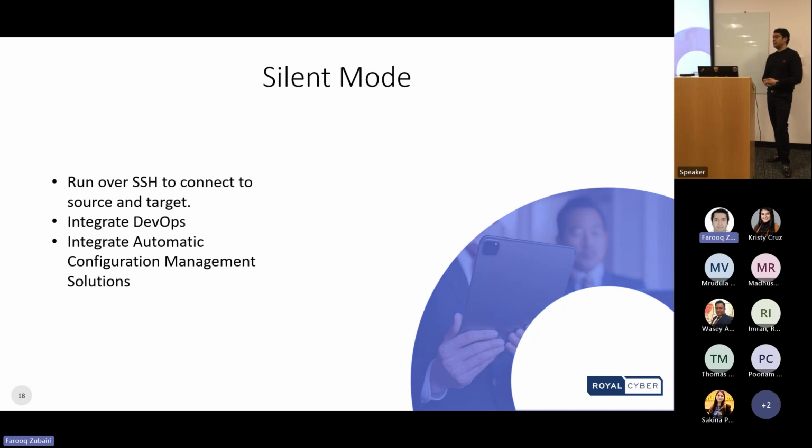If I have to automate that, I need to plan that I'll migrate 10 servers in 2 weeks. I will plan that migration in a sequential way and just check the results. While I am checking the results of migration 1, I can go and migrate the other set of servers. So we have another mode, which we call silent mode, that can be integrated with any, as I said, pipeline.